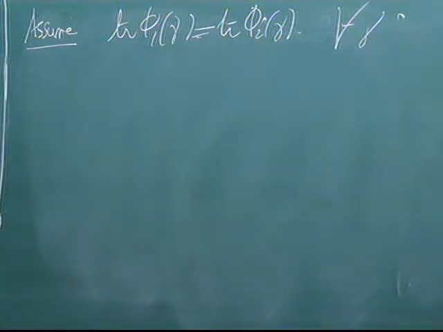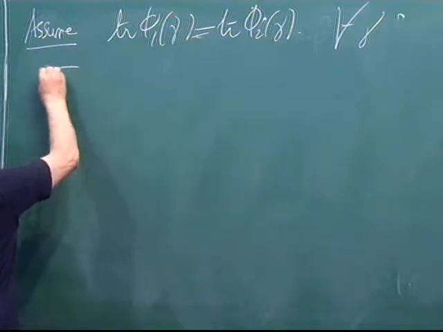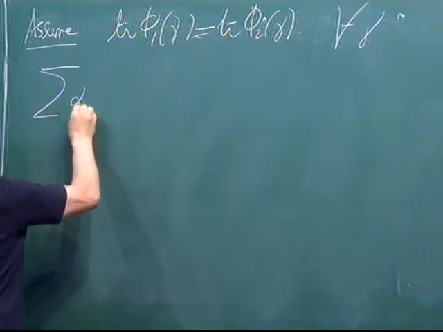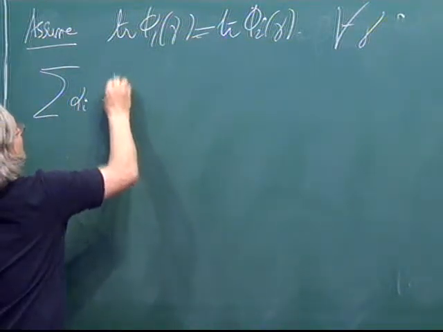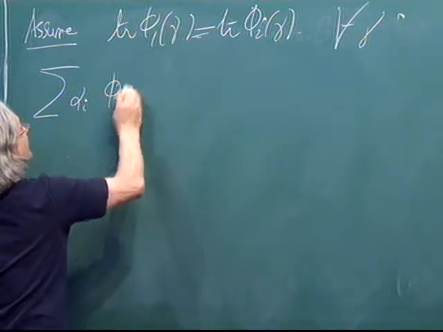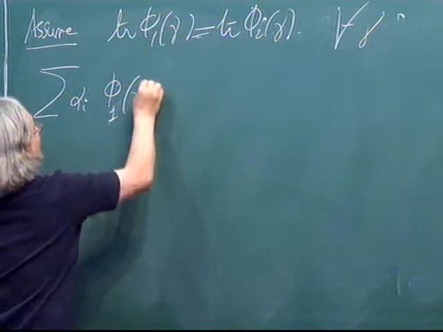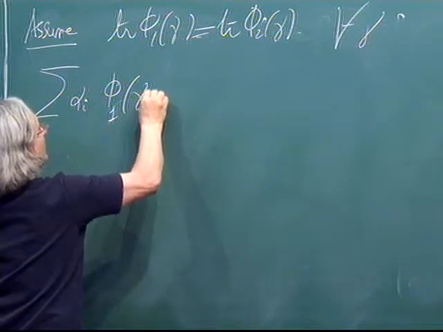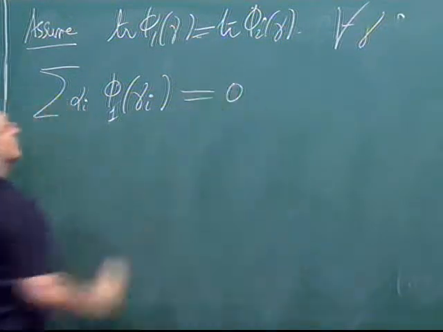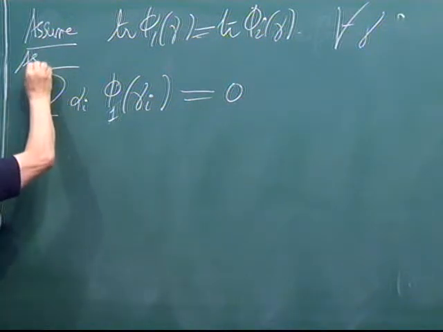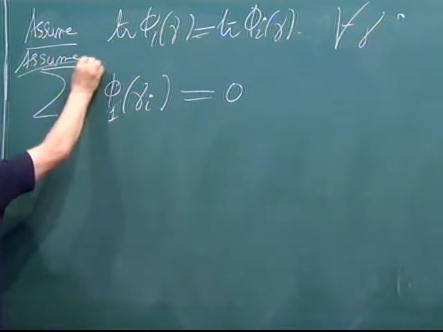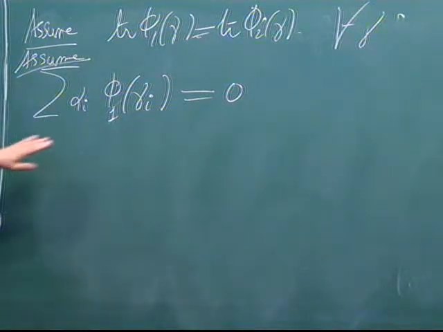And now suppose that some linear combination of matrices for the first representation is 0.